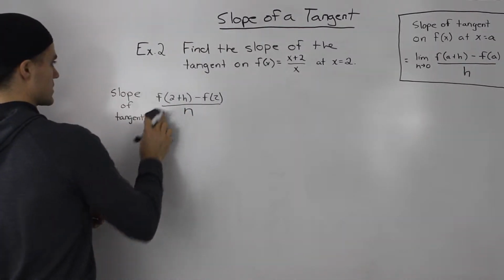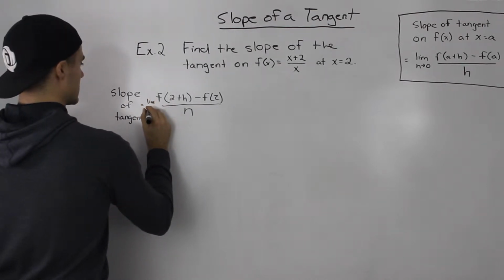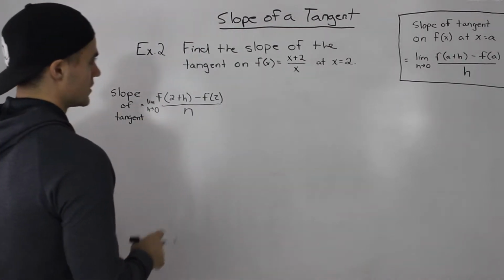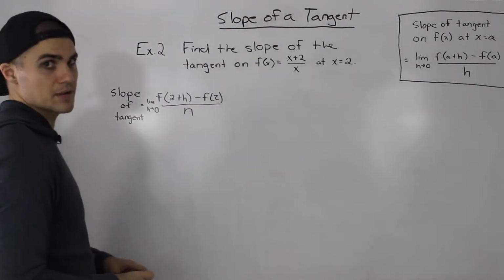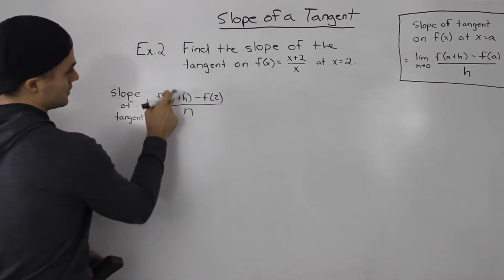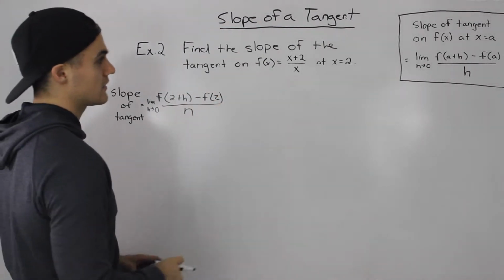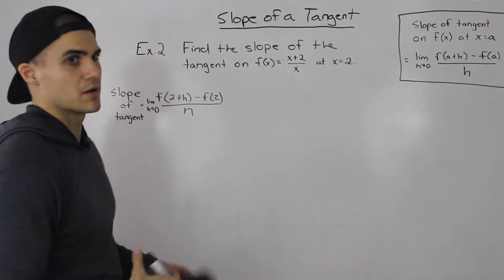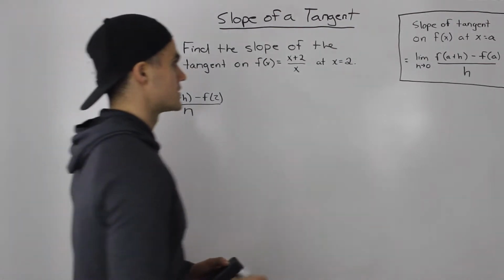Sorry, I forgot, here there should be a limit as h goes to 0. So let's do these on the side. As I mentioned before in the previous example, I highly recommend doing these two parts of the difference quotient on the side. It'll just minimize your probability of making an error.